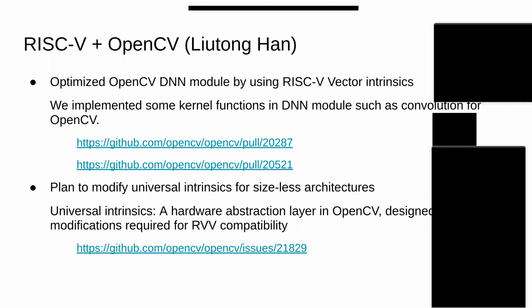Although there is already a RISC-V vector backend in Universal Intrinsics, the performance is very poor and it only supports a fixed vector size of 128 bits. So we are going to modify the Universal Intrinsics for variable size architectures, especially for the RISC-V vector. And that's all.